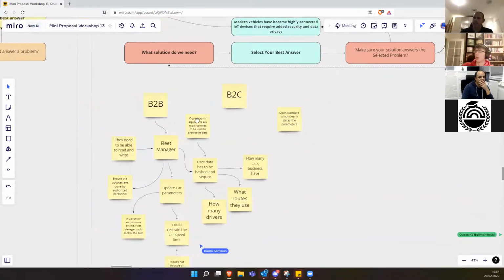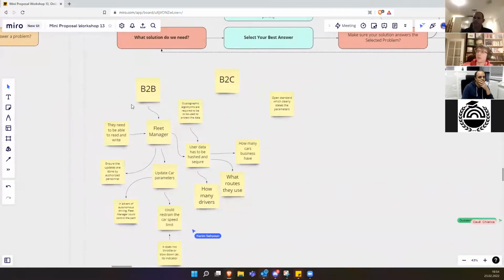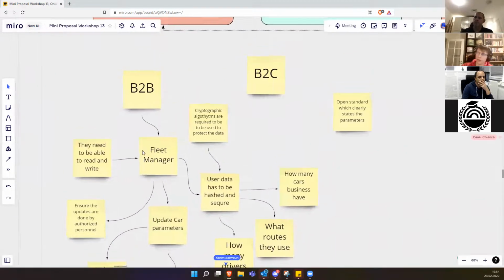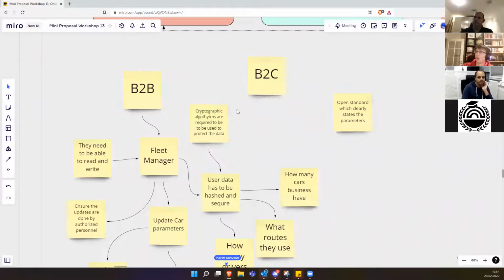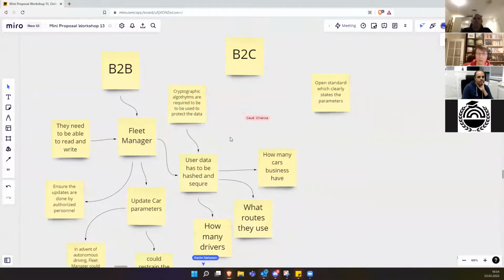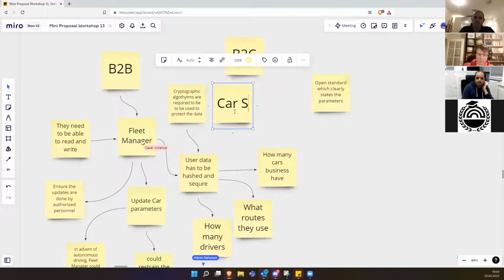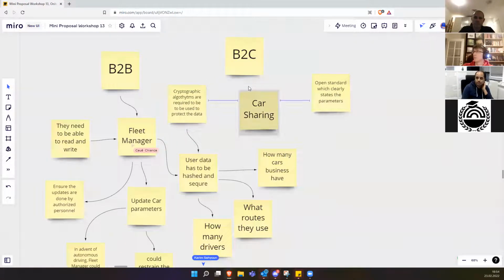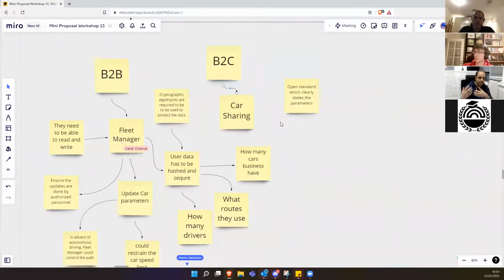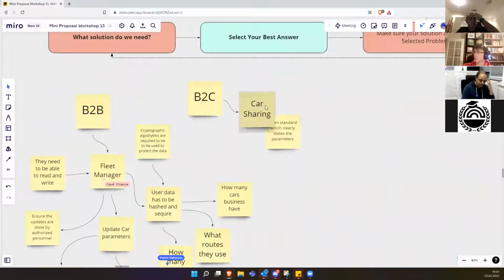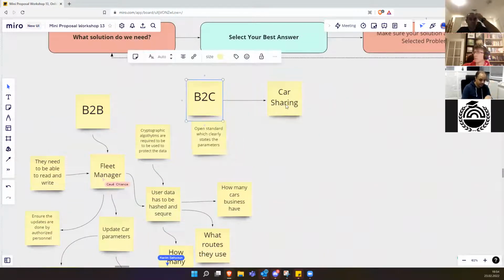Okay, so did I understand correctly? This fleet manager is on the P2P side. What is B2C? What is the other aspect you mentioned at the start? Car sharing. It's about privacy. Car sharing is a B2C solution, business to customer. So the company which has the cars communicates directly with the clients, and the car is communicating with the client.